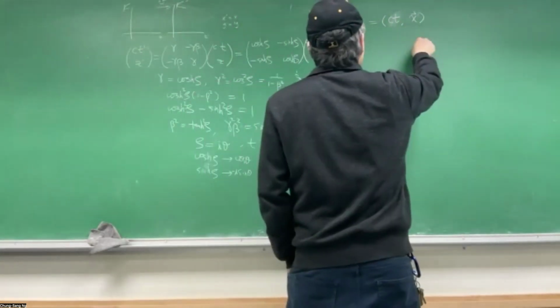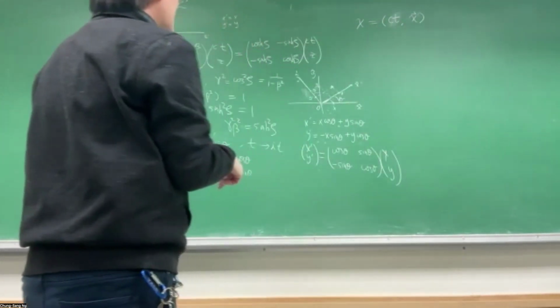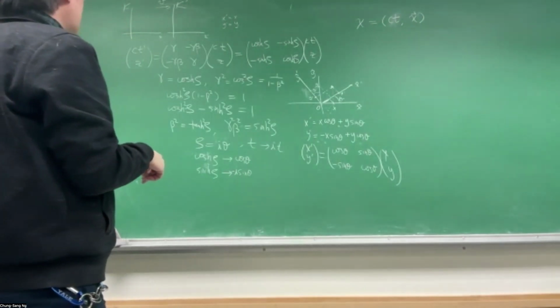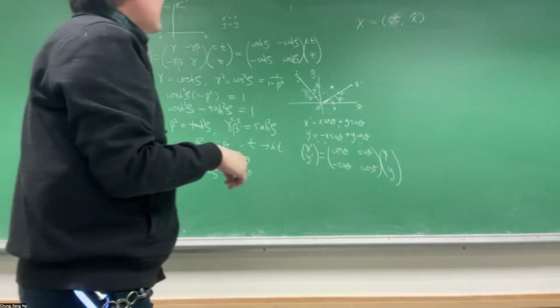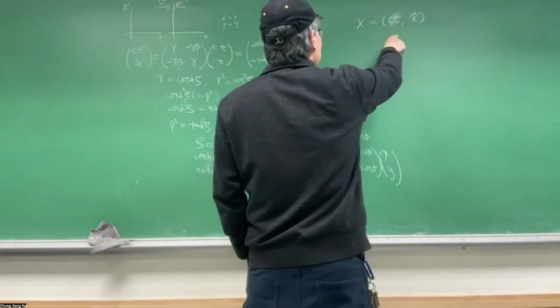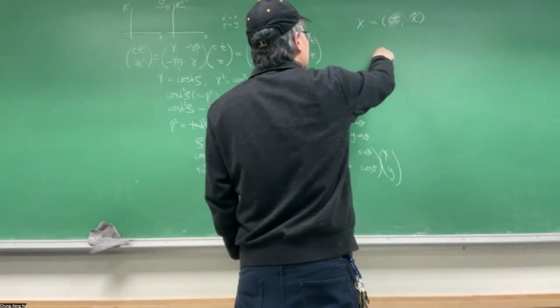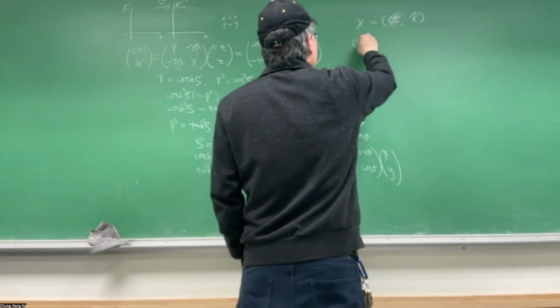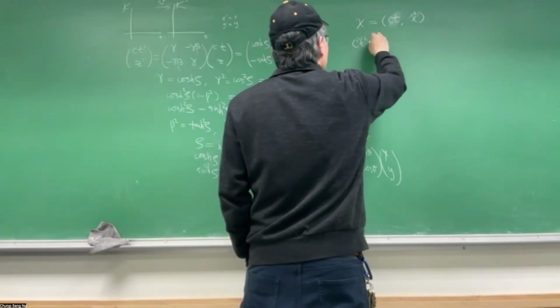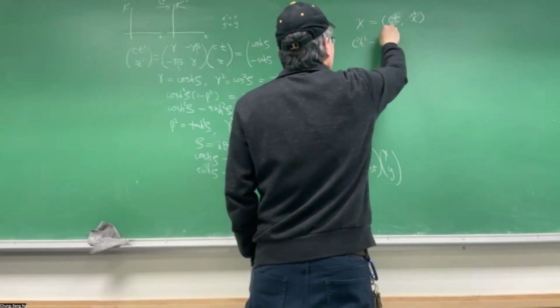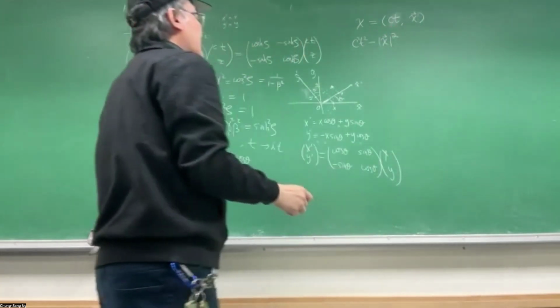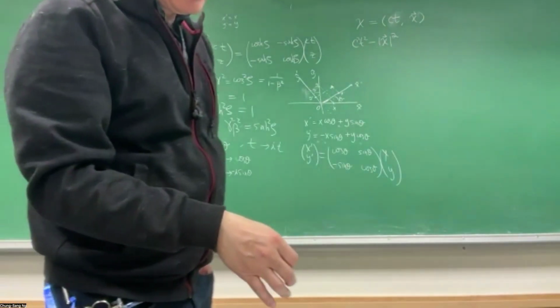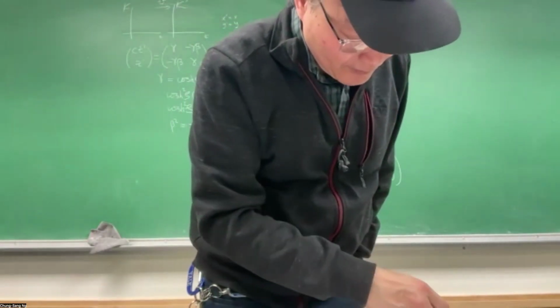You get this four vector, and the property of this four vector is that, from the derivation of the Lorentz transformation, we know the norm of this one is c squared t squared minus x squared, and that is invariant.